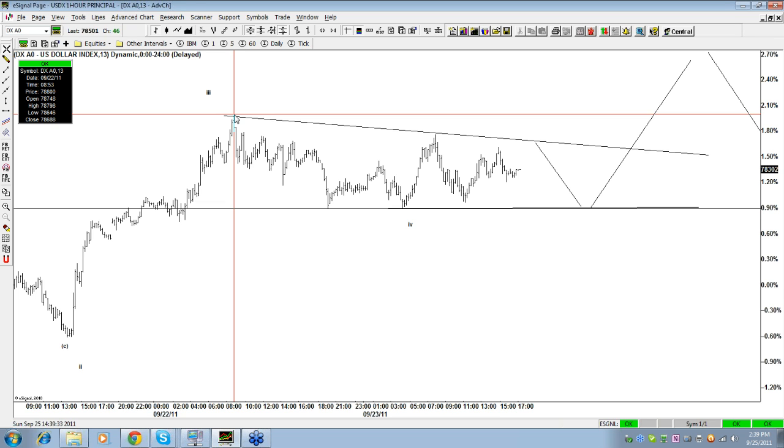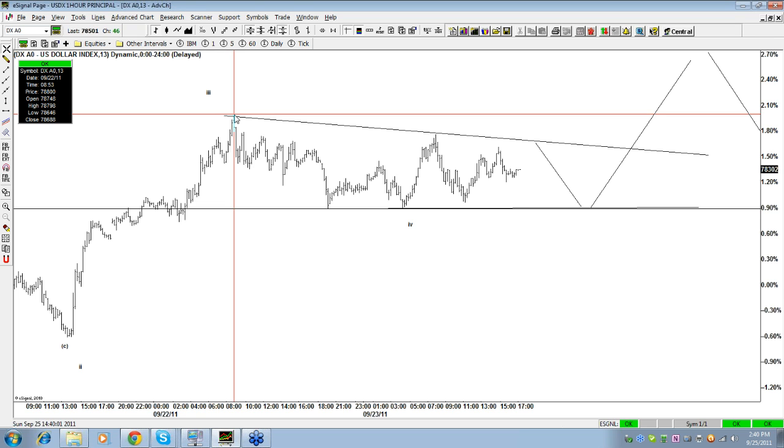Now, let me make a point. The Aussie, New Zealand, and CAD all need more downside. So I'm questioning the idea that strength or weakness in the metals would allow the dollar to get a bigger correction at this stage.